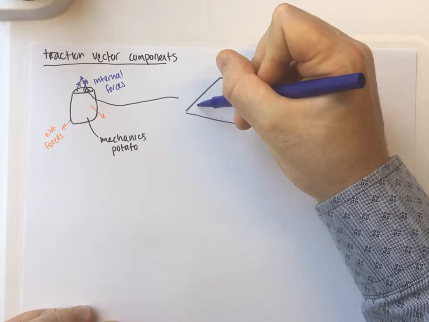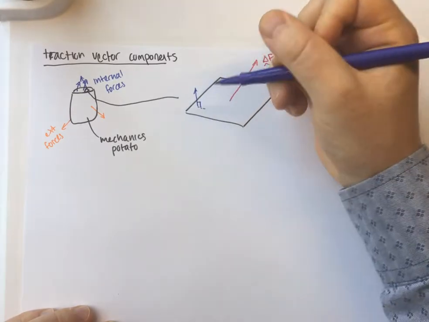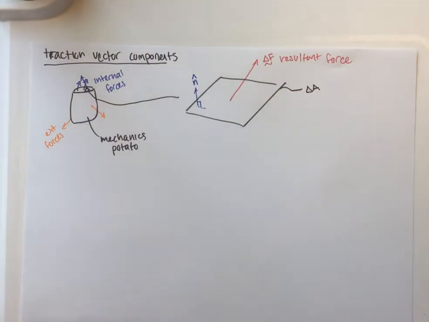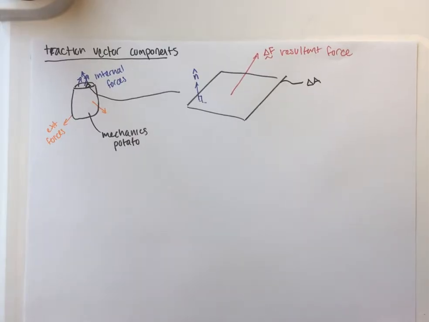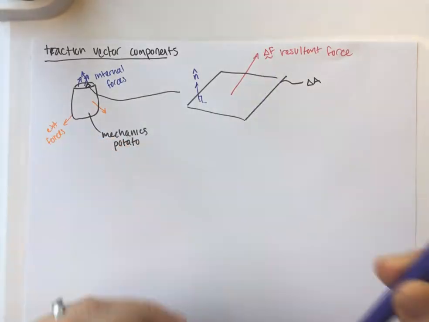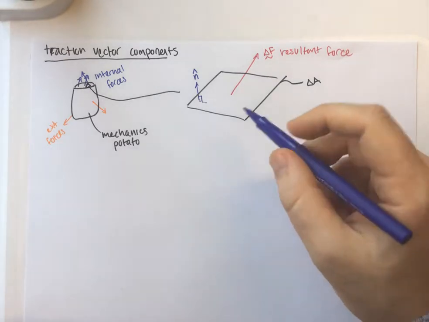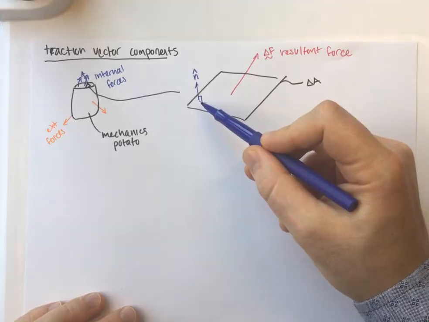And if you can remember, if we go back to our definition of a plane in 3D space, the way that we do that is with a normal vector. And I'm going to use a unit normal, which is why I'm giving it that hat notation. So it's just a vector that's perpendicular to our cut, wherever that cut may be. And so as soon as you start to make these slices, now you have a normal vector.